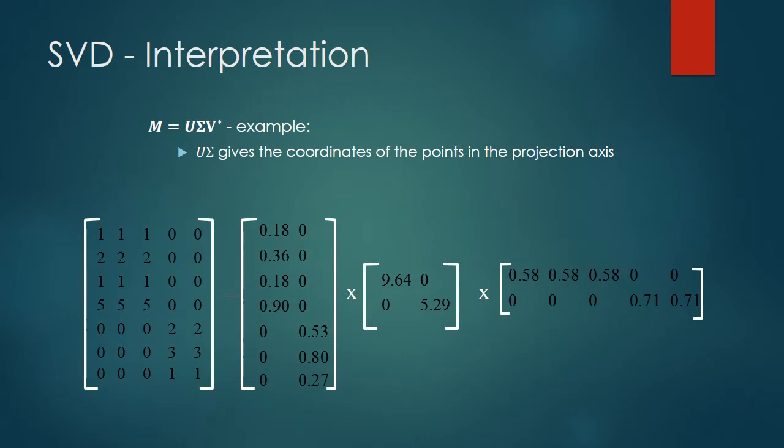The other thing, I forgot to mention this, is that the matrix U scaled by the singular values gives you the coordinates of the points on the projection axis, so how it would map onto the actual eigenvector space.